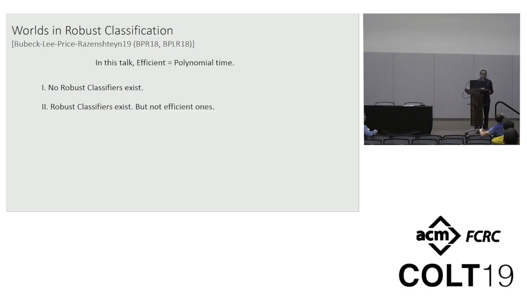You could have better scenarios. For example, robust classifiers may exist, but efficient robust classifiers don't. Today, when we say efficient, we focus on polynomial time algorithms. The next possibility is that efficient robust classifiers exist, but they need too much training data to learn, so a learning algorithm needs a lot of data to even information-theoretically figure out what the classifier is.